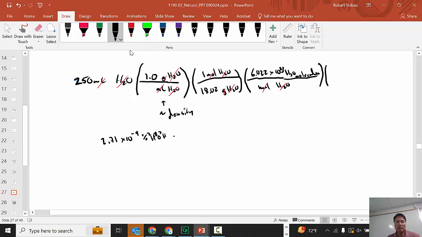What we're going to do is convert this into fractional form, because the fractional form will be our conversion factor. So I'm going to go from there to a fraction. And what this says is we have 2.71 times 10 to the minus 9 H2O18 H2 for every 100 H2O molecules.